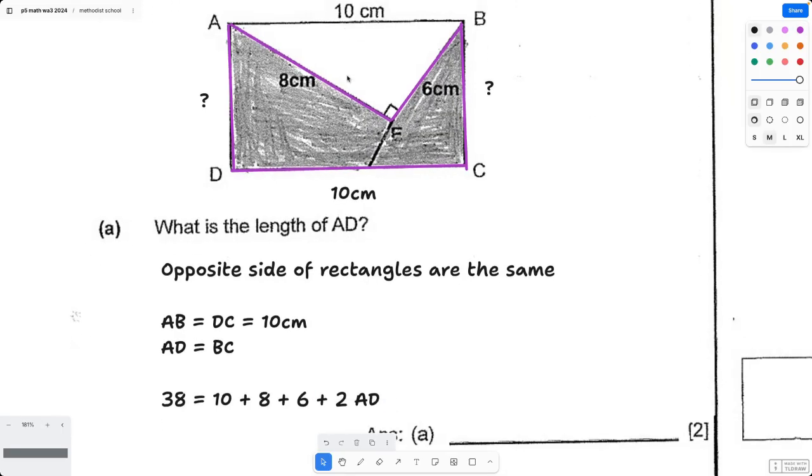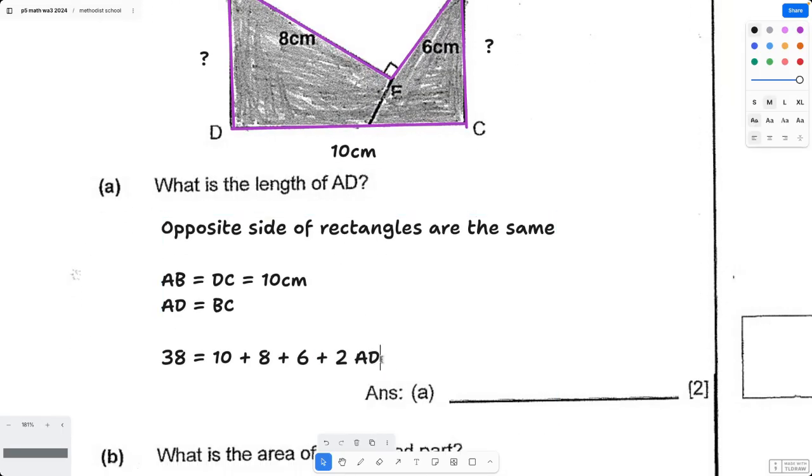So not including this 10. So in this case, 38 is equal to 10 plus 8 plus 6, which is 24, right? So 10, 8, 18, 24. Yes, 24 plus 2AD, right? That means 2AD is equal to 38 minus 24, which is equal to 14.